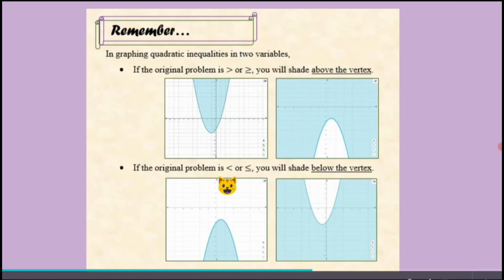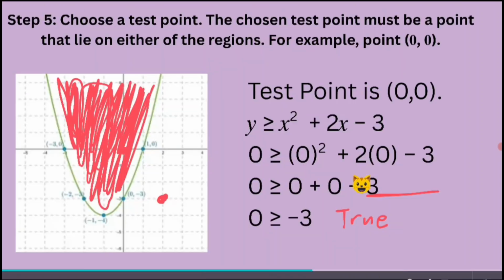Kapag naman ang given na problem is less than or equal to, ang shadean nyo naman na part is yung below the vertex. So in this example, ang ating inequality ay greater than or equal to, kaya ang na-shadean na part ay yung above the vertex. So, yung vertex natin kanina dito is, diba, yung negative 1.